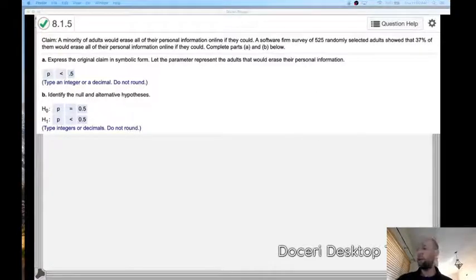The claim here is that a minority of adults would erase all of their online information if they could. The way we want to interpret the word minority is as meaning less than 50%, and the term majority represents more than 50%. So by stating a minority, that's like saying less than 50%.